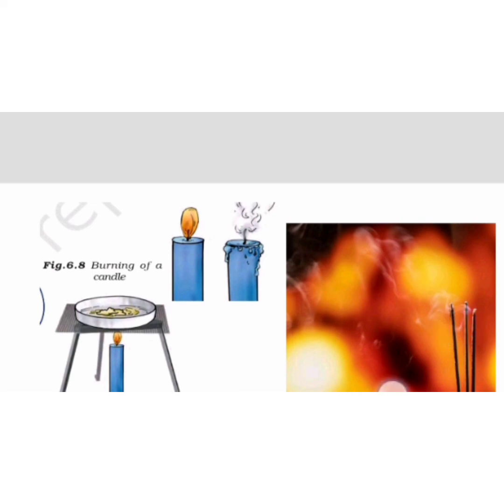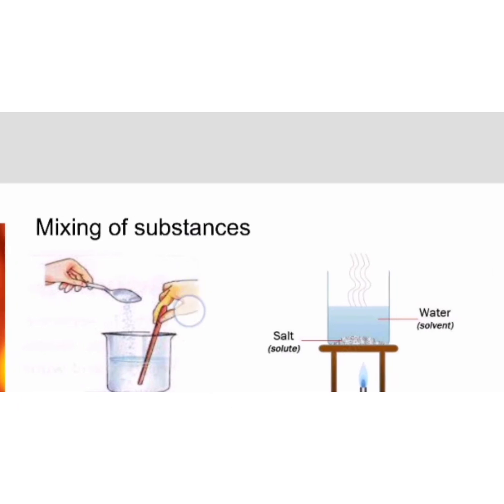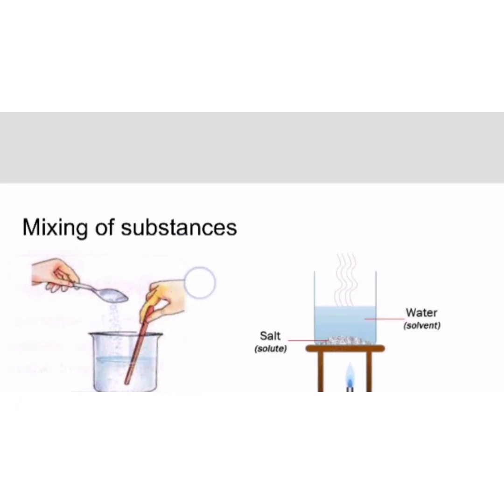So let us look at another activity. Mixing of substances. This is another way to bring changes. What's the first way? Heating. When we heat the object, it changes into another object. Now, mixing some substances will make another substance. There are some changes happening, right?